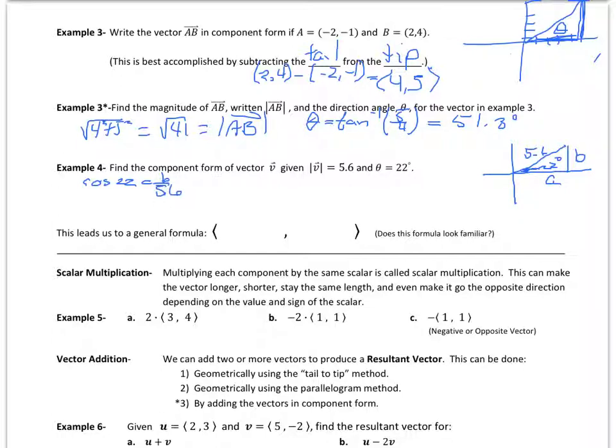So B is equal to the cosine, I'm sorry, A, I did say B, and I wrote B even. Let's try A, shall we? Then A is simply equal to 5.6 times the cosine of 22.